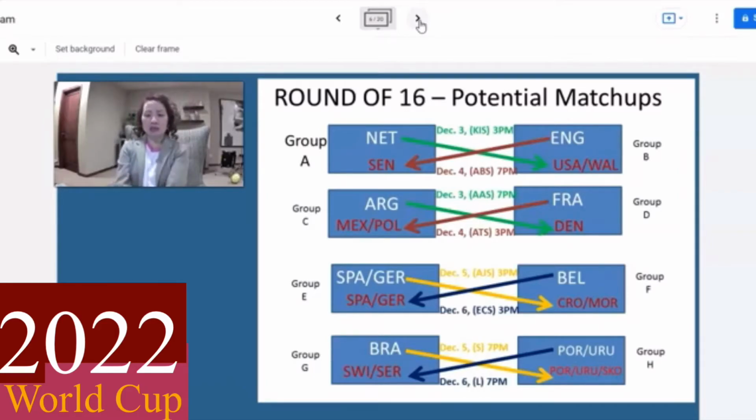Anyway, and then Brazil. That's why the other thing we mentioned was that Group H would try their best to avoid second place, because they would run into Brazil, and that is something to be avoided at all costs in the round of 16.